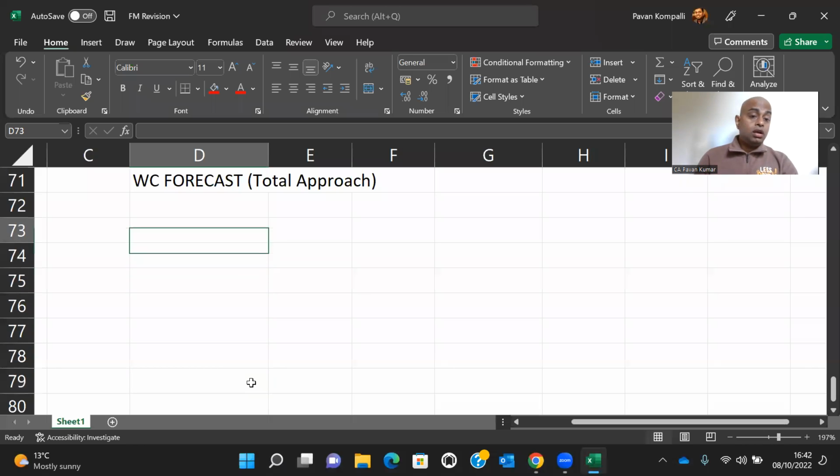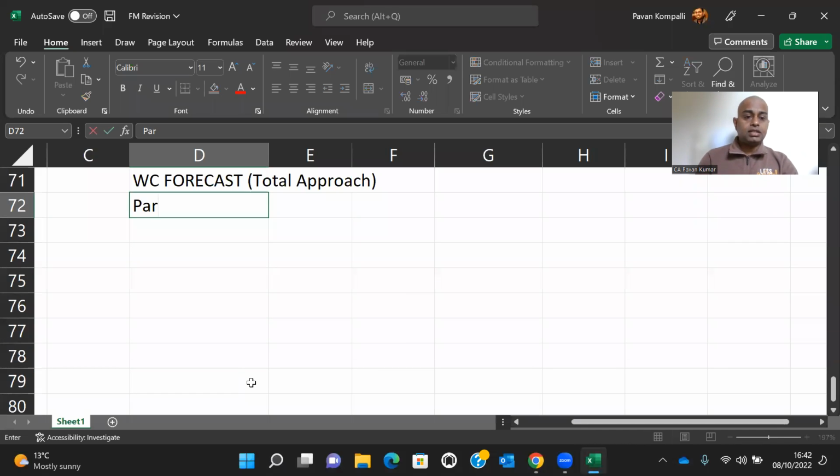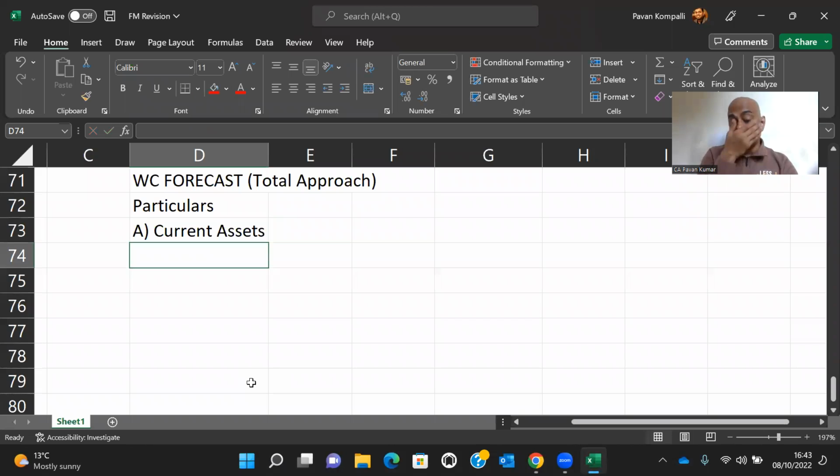So put the heading working capital forecast. Under that, particulars, and under that A, current assets. You don't need to write a formula here because the calculations will already be more, so you can skip the formula.